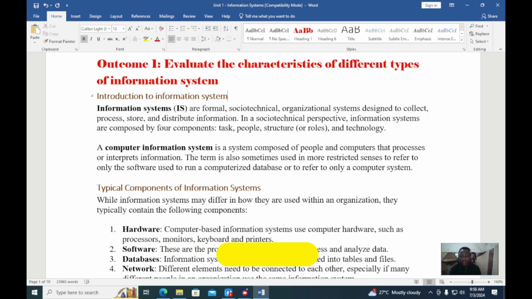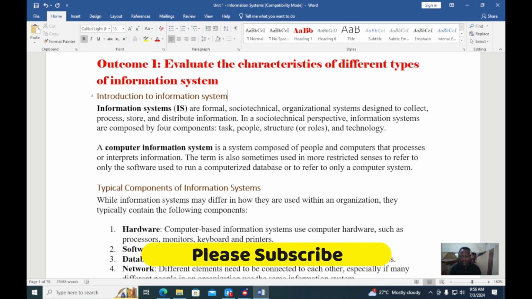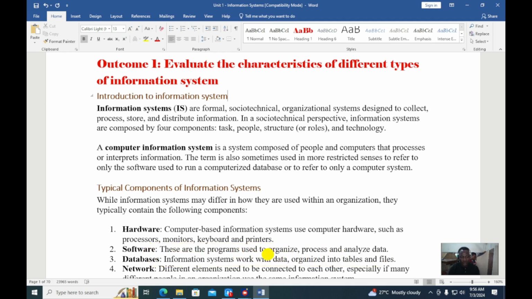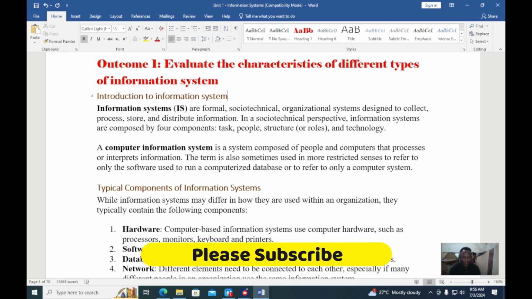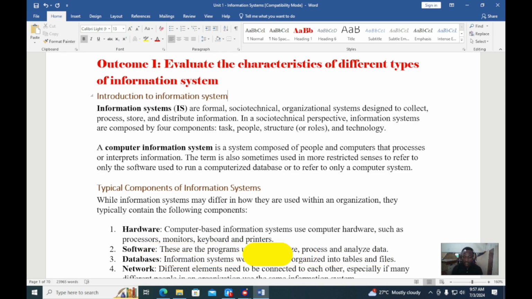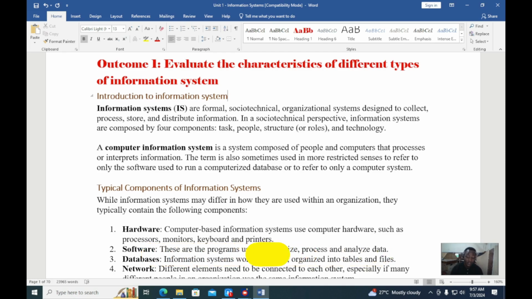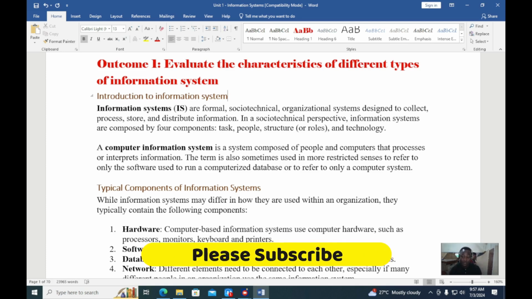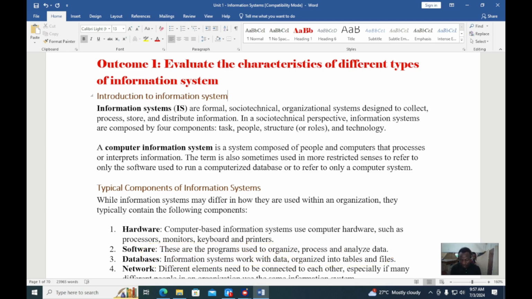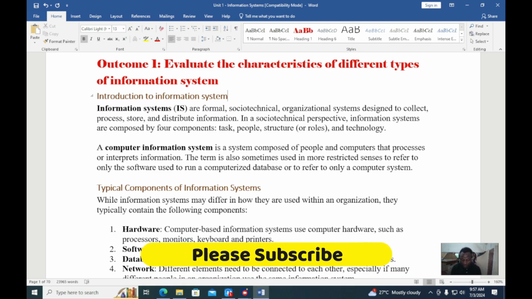Sometimes we use this term in a more restricted sense, maybe to refer to only software that is used to run some computerized database, or to refer to only a standalone computer system, and we say this is a computer information system. But basically, when we talk of a computer information system, we are talking about the people and the computers that are actually processing and interpreting information.